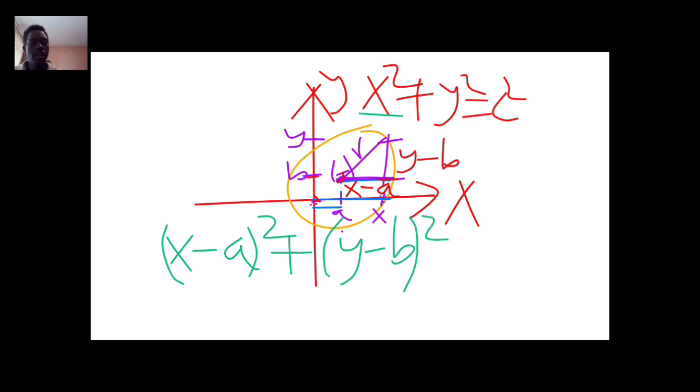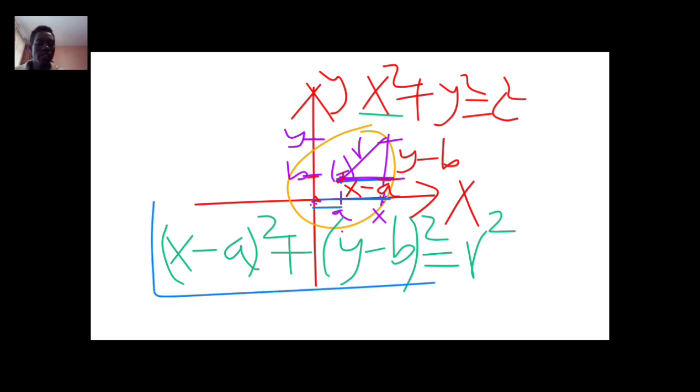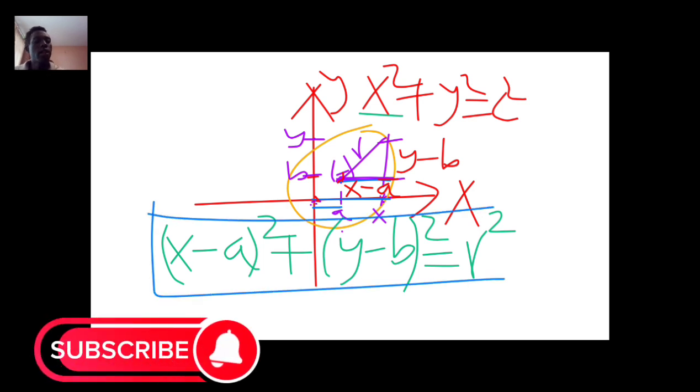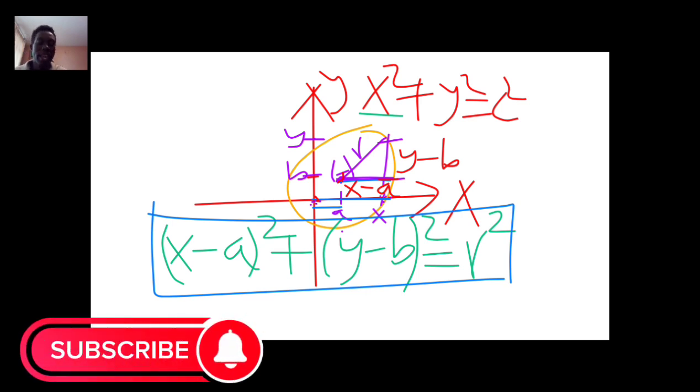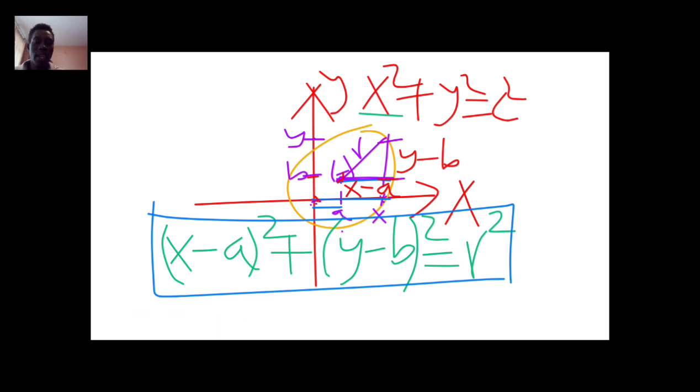Put it under square, is equal to the hypotenuse squared, and the hypotenuse there is r, so it is equal to r squared. So this is the equation of the circle when the center of the circle is not at the origin. Get it clear, and it will not confuse you when you get some numbers to work with.